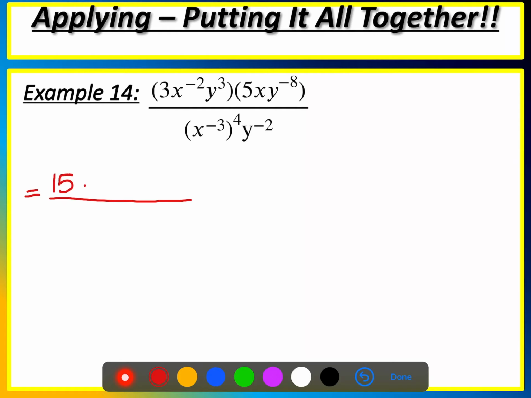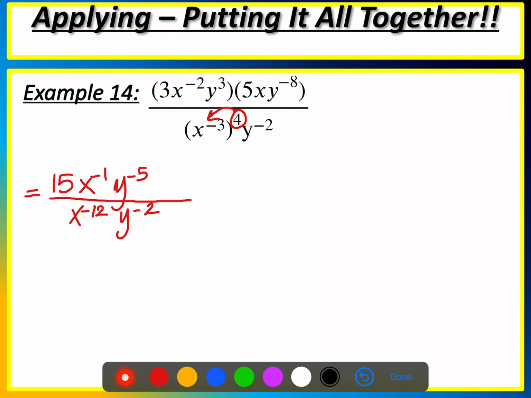So I have 15 x to the negative 1st, y to the negative 5th. So multiply the coefficients and add the exponents. Just be careful of your signs. Okay, in the denominator, I'm going to do that power to a power. X to the negative 12th, y to the negative 2.